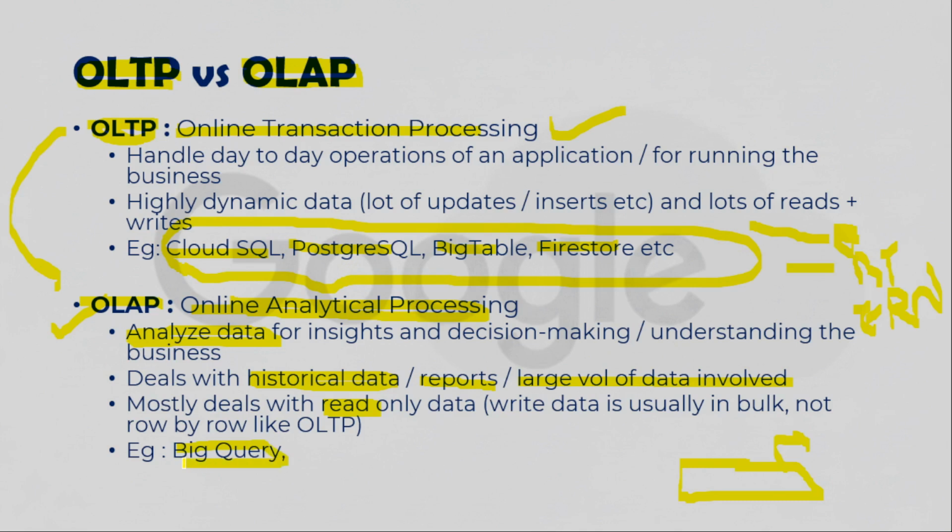BigQuery is one of the services used for OLAP, online analytical processing, and it is a very important and famous service provided by Google Cloud. So this is the difference between OLTP and OLAP.